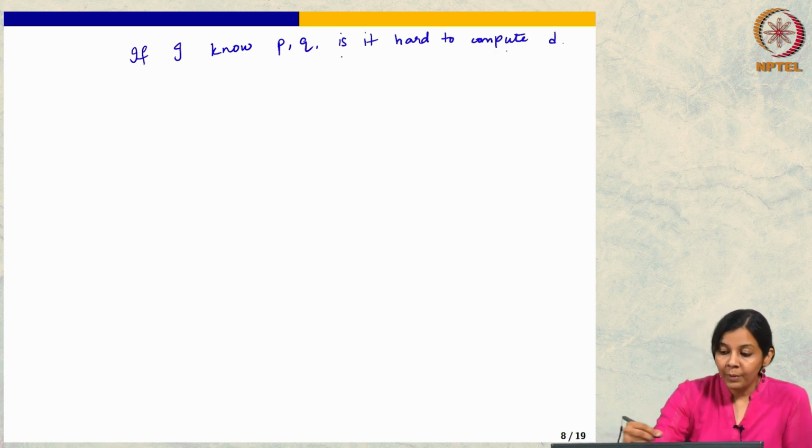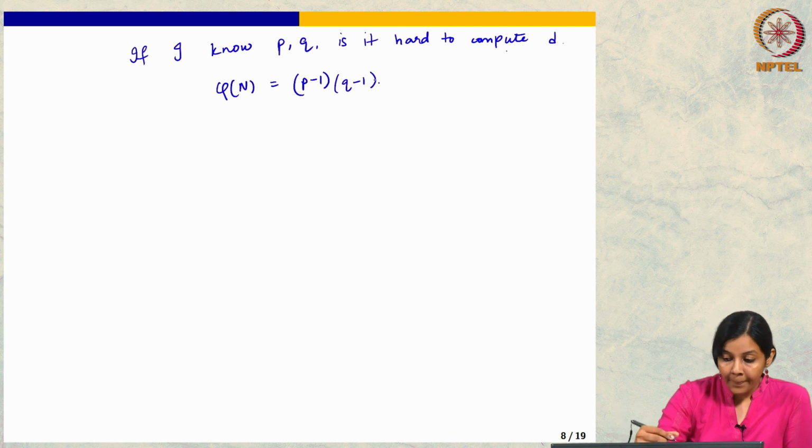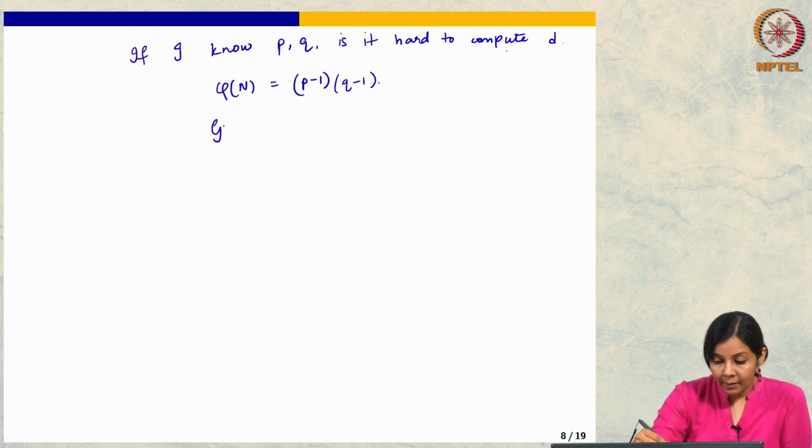So, if I know P and Q, then I can compute phi of n as P minus 1 times Q minus 1. Okay, I am given E. Right.